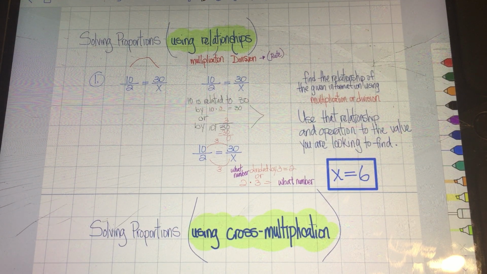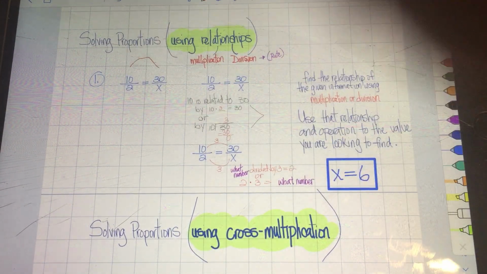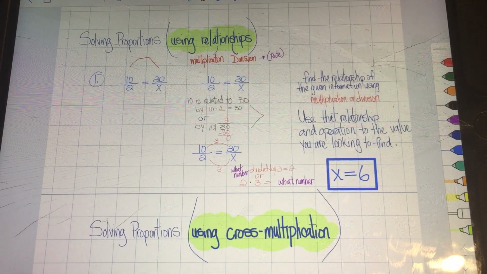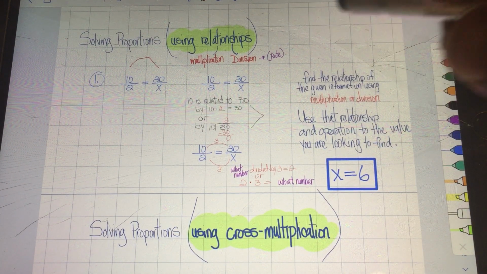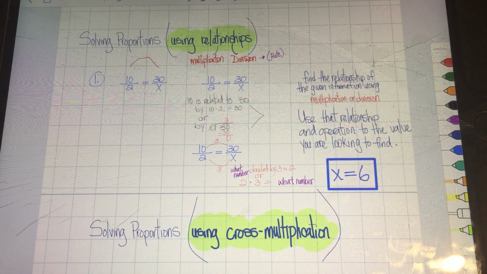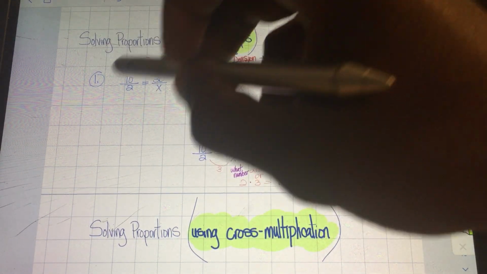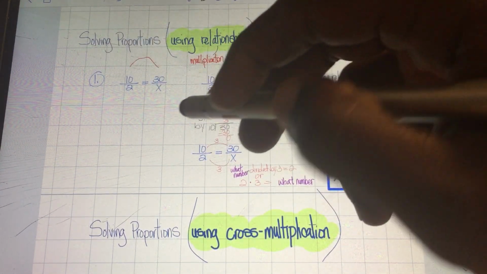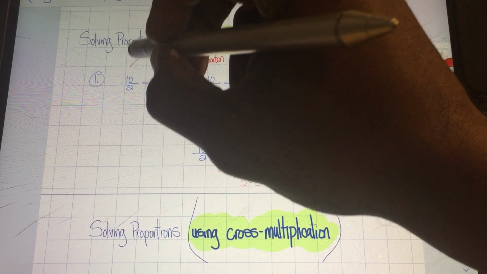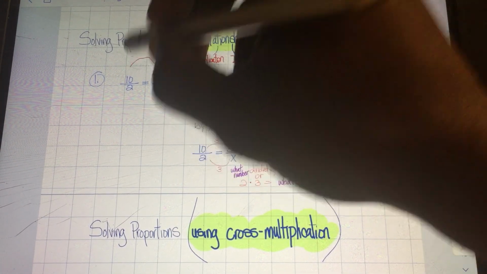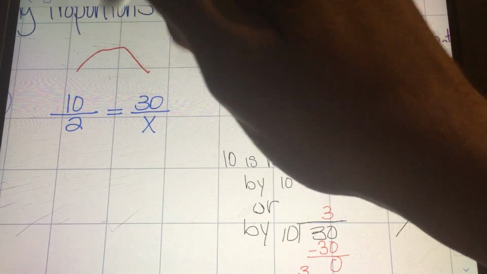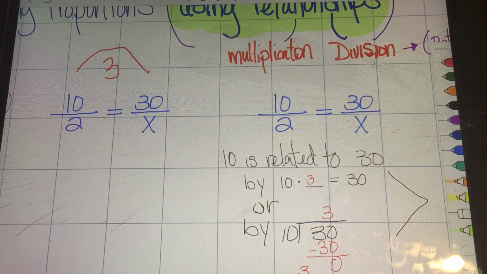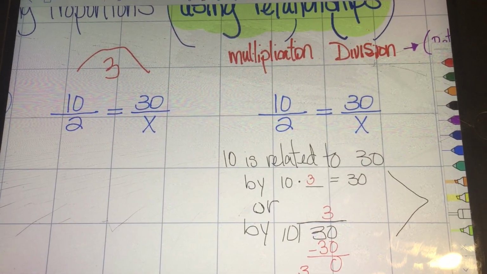If we multiply 10 by 3, we get 30, and if we divide 30 by 10, we get a value of 3. So we now know that the relationship between the information that is given is a value of 3.